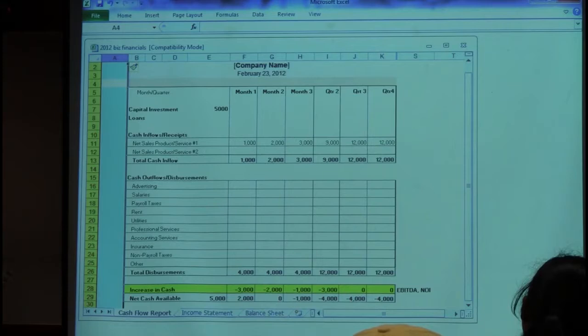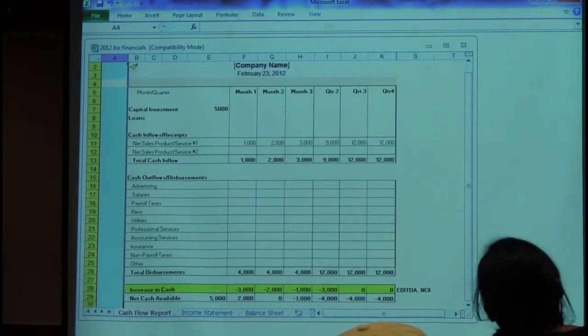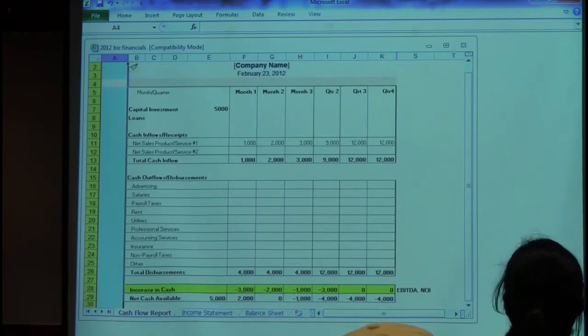So let's see, I didn't actually show the loan up here, but if we put a loan up there, how large a loan do you think we should get? Certainly 4,000. Any more than 4,000? A little walking around money, a little money in the till, a cushion.